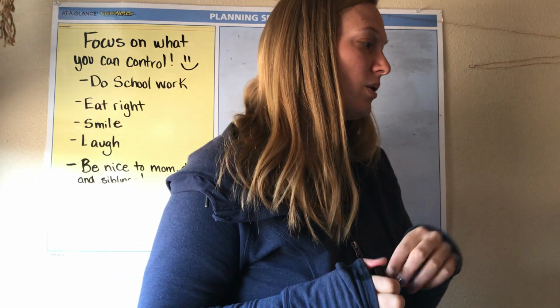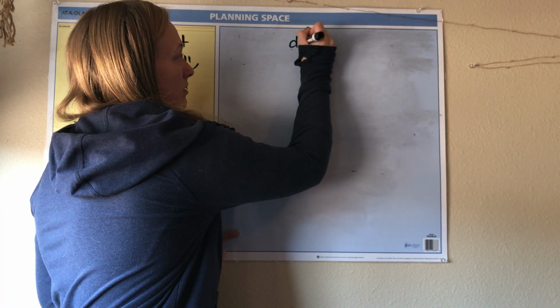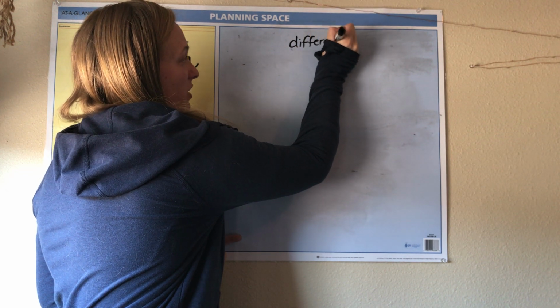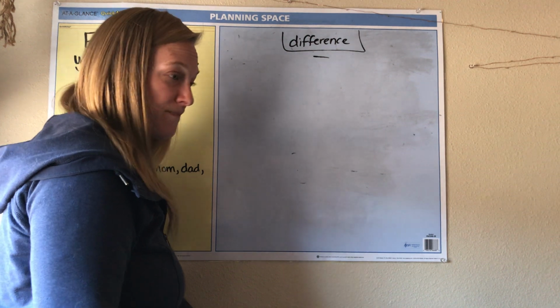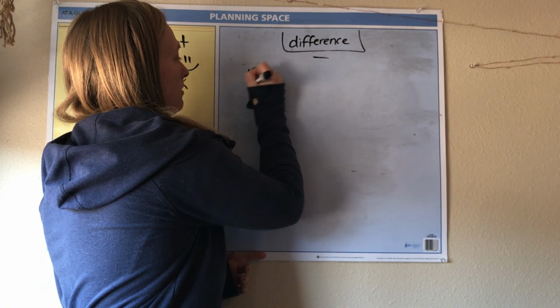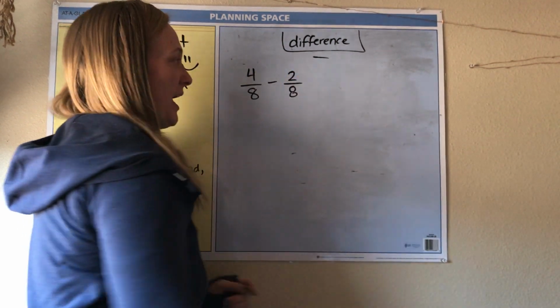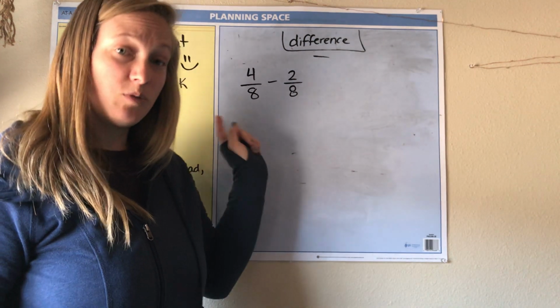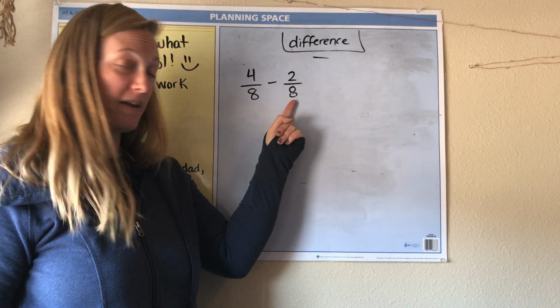Okay, so question number 3, difference. That is our key word, difference. Difference means to subtract, okay? We're finding the difference of 4/8 and 2/8. 4/8 minus 2/8. Okay, first thing I'm going to ask, can I subtract as is? Do I have common denominators? Are they the same?